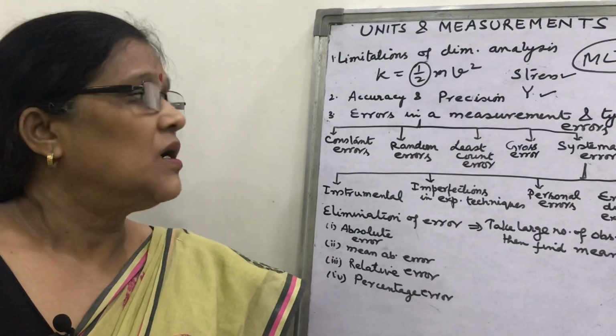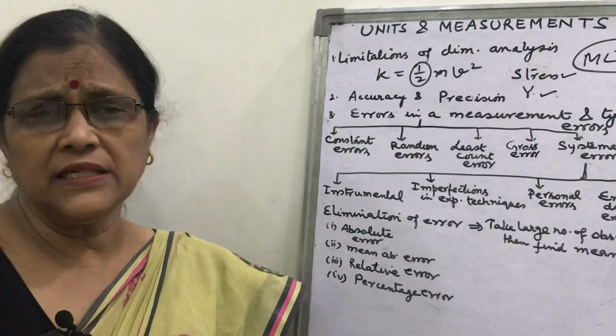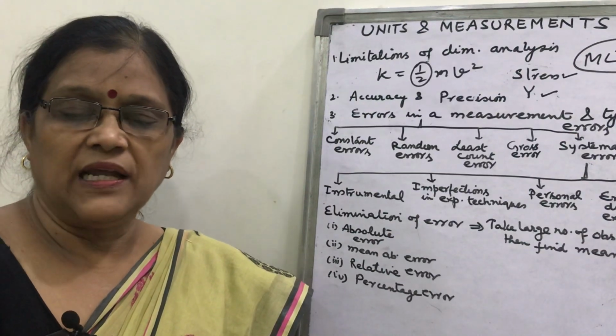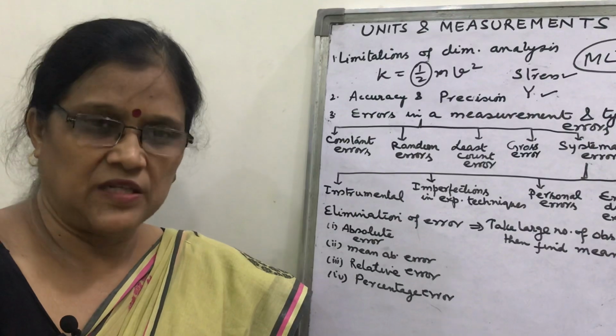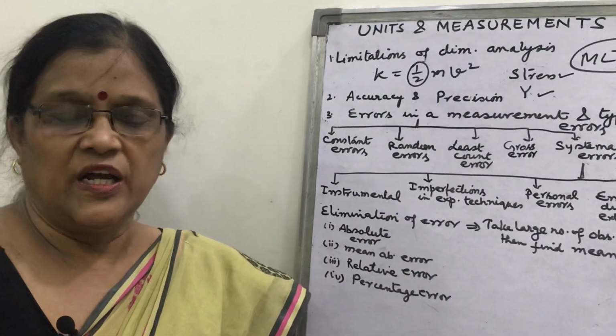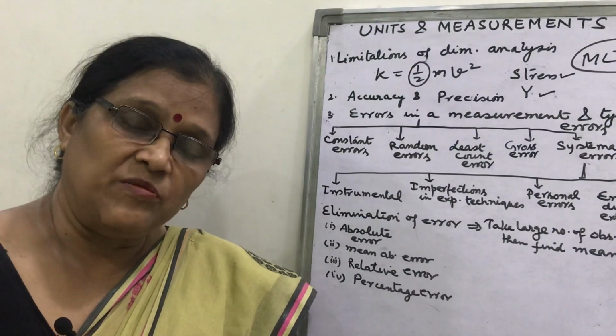Also, only dimensional validity, not the exact relationship, is checked by dimension analysis.